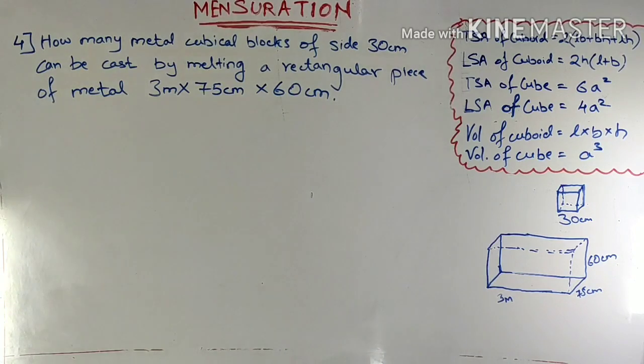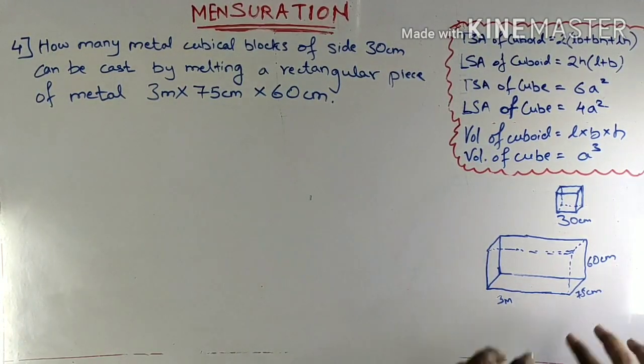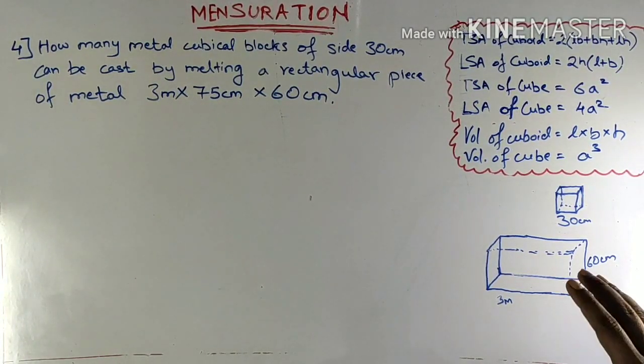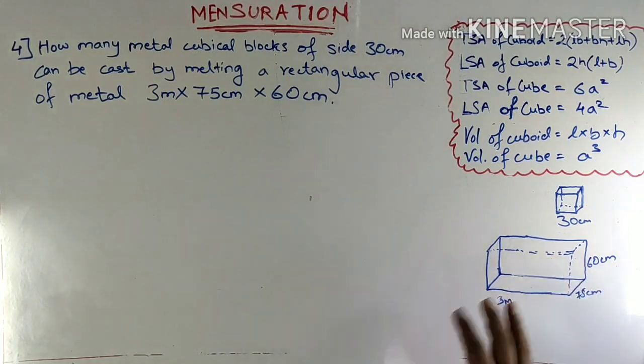Okay, so the first thing that you need to remember is, when I melt something and cast it into some other object, the quantity that remains constant is volume.